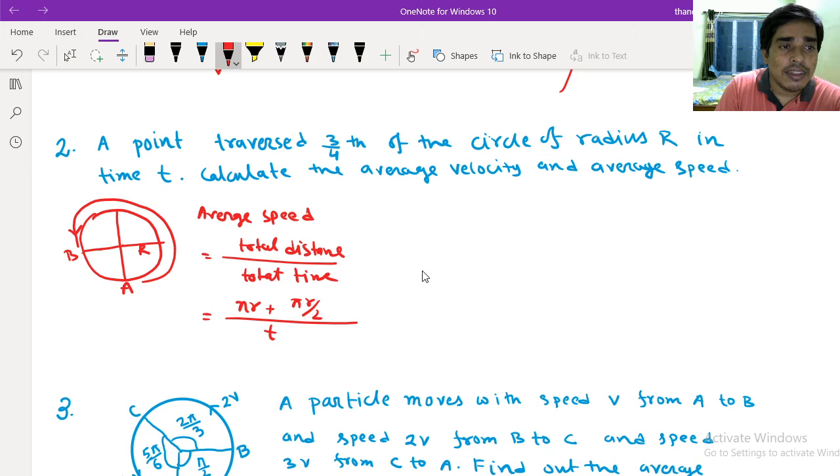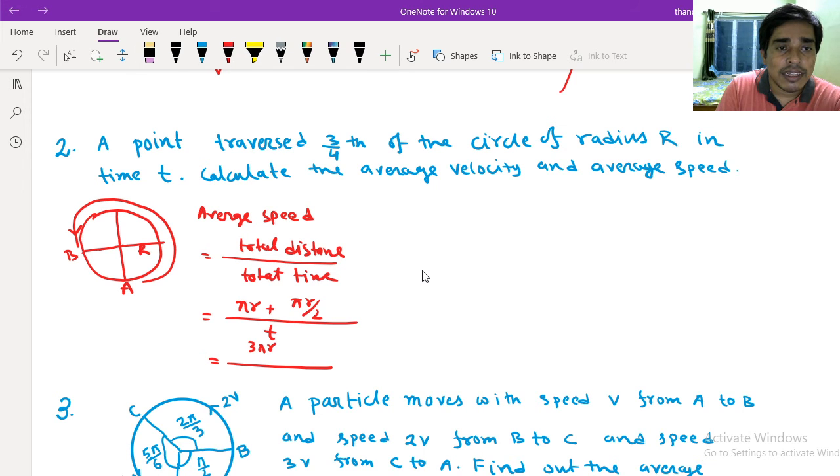From this point to this point is pi r, and here it is pi r divided by 2, so the total is 3 pi r by 2.